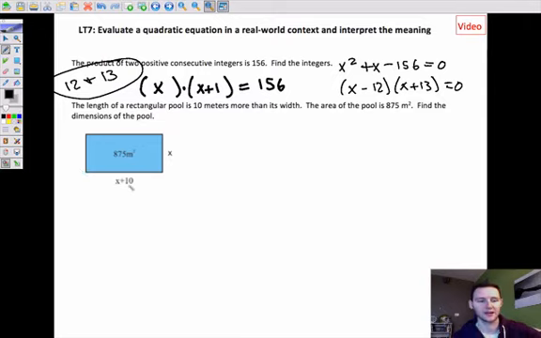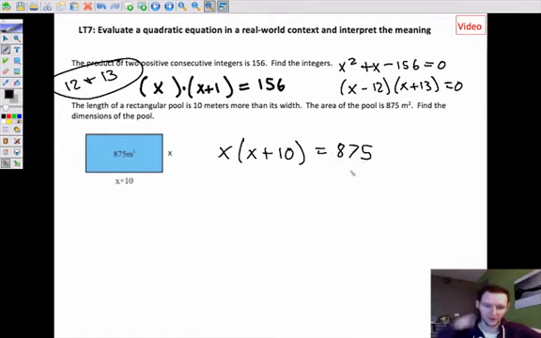It says the length is 10 meters more than the width, so that's why we have a width of x and a length of x plus 10. Now it says the area is 875. To get area, I multiply the length times the width, so I have x times x plus 10 equals 875.